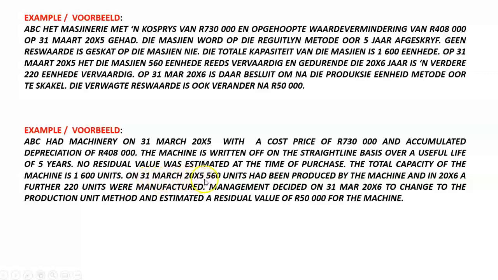On 31 March 25, 560 units had been produced by the machine, and in 26, a further 220 units were manufactured. Management decided on 31 March 26 to change to the production unit method and estimated a residual value of 50,000 Rand for the machine. So again, pause this video and do the calculations by applying the steps that I've set out for you to apply.